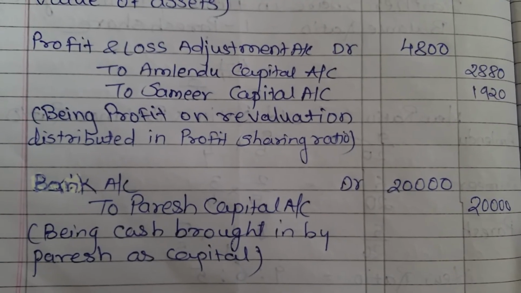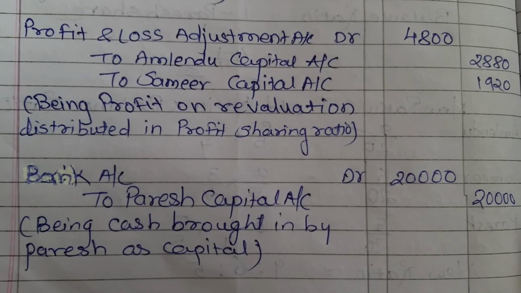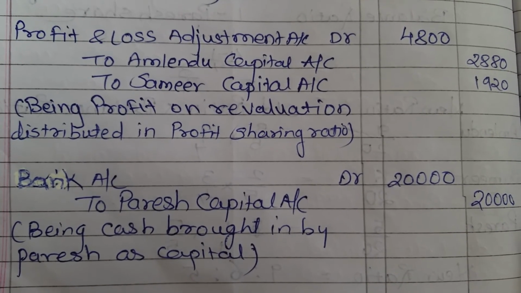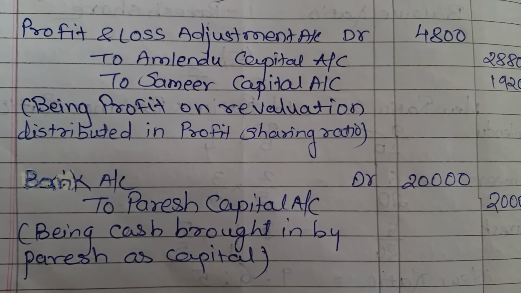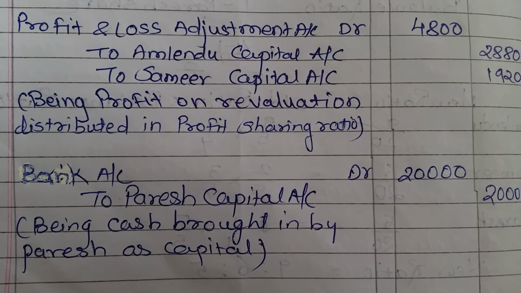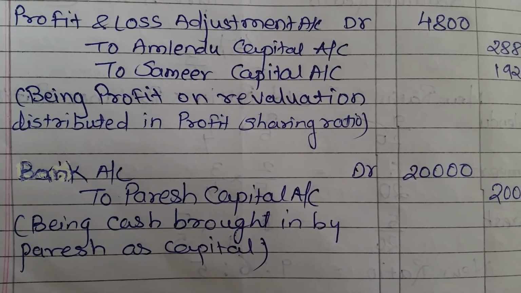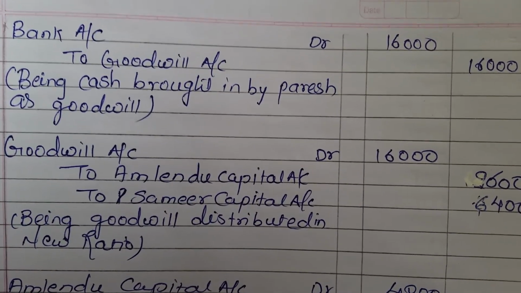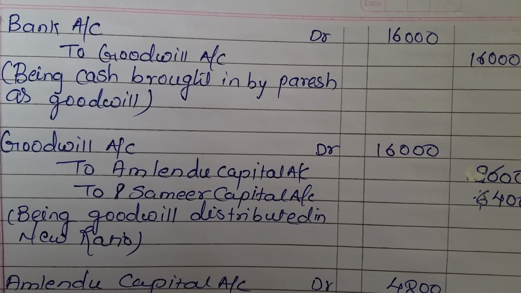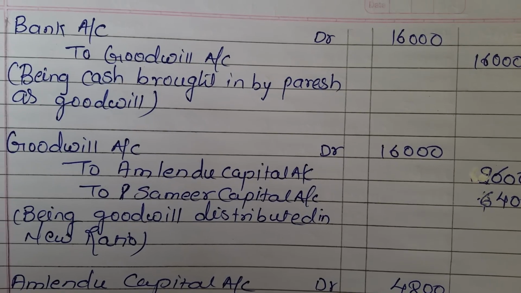Next entry will be for the new partner bringing his share of capital in cash: Bank Account debit 20,000 to Paresh Capital 20,000, being cash brought in by Paresh as capital. These are the goodwill entries, three of them. First: Bank Account debit 16,000 to Goodwill Account 16,000, being goodwill brought in by Paresh.